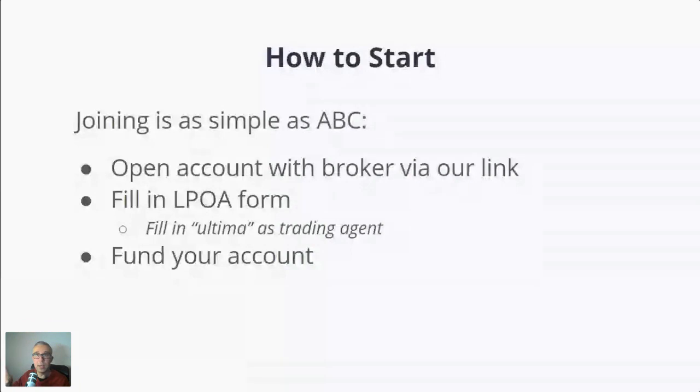Just fill in Ultima, then FXDD knows, it's like extra confirmation that your account is connected and linked to the Ultima EA and that master account. So the master account basically trades, and all the accounts that you guys will be starting are connected to that master account. That's literally it. So these 3 steps is literally ABC how one starts.